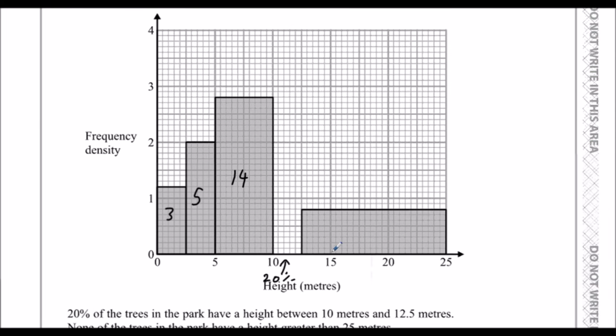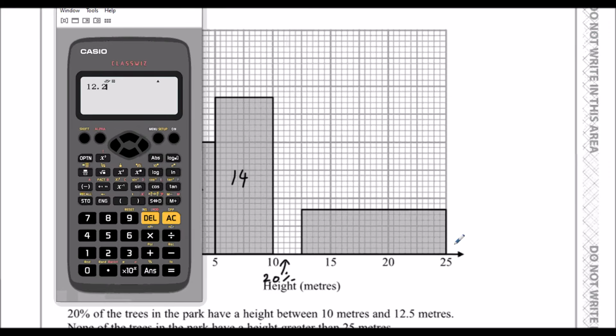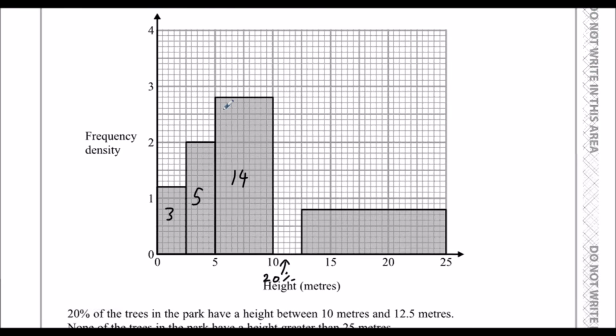And 12.5 times 8, is 100. No, times 0.8 is 10. So 12.5 times 0.8 is 10.